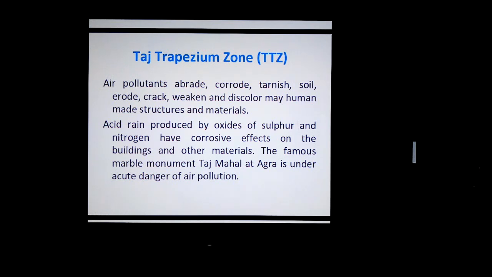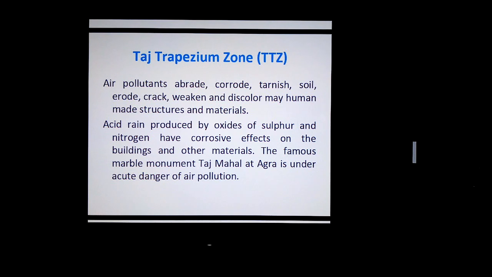So like that, Taj trapezium zone. We are going to learn about Taj trapezium zone. Air pollutants abrade, corrode, tarnish, erode, crack, weaken and discolor many human-made structures and materials.